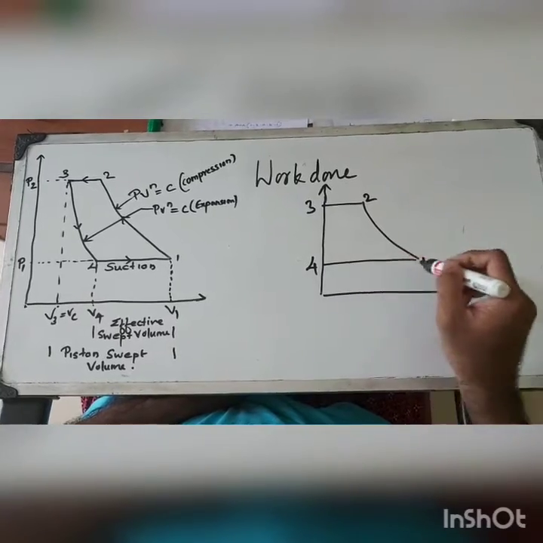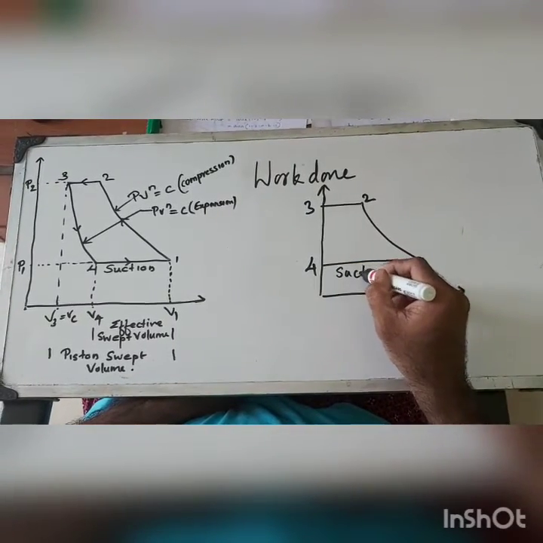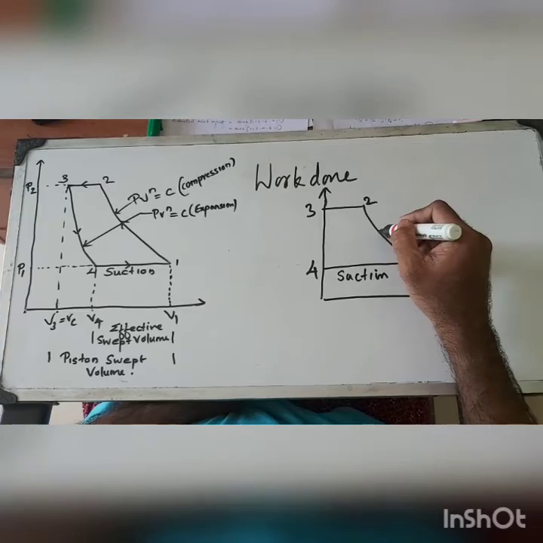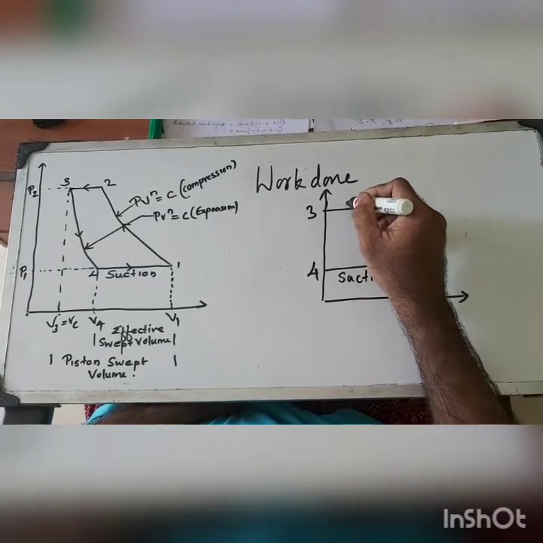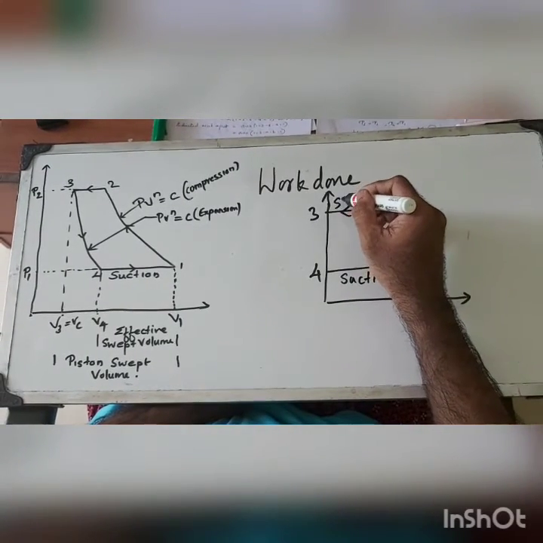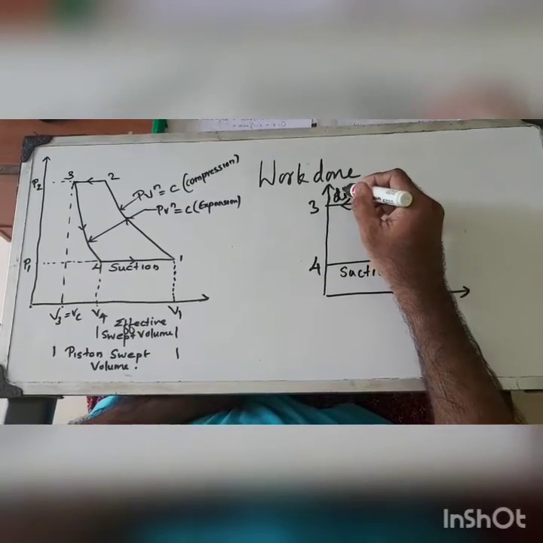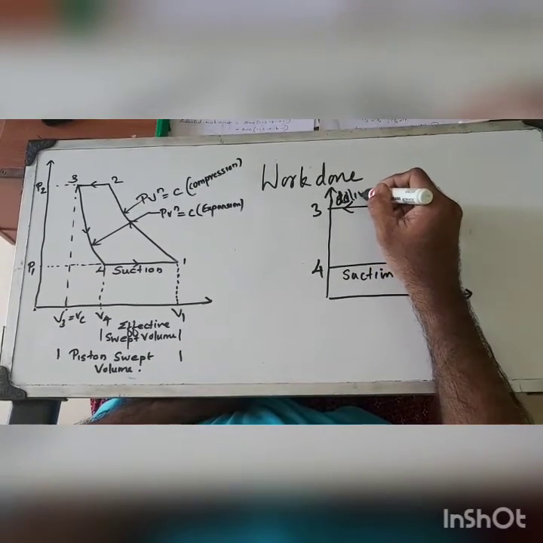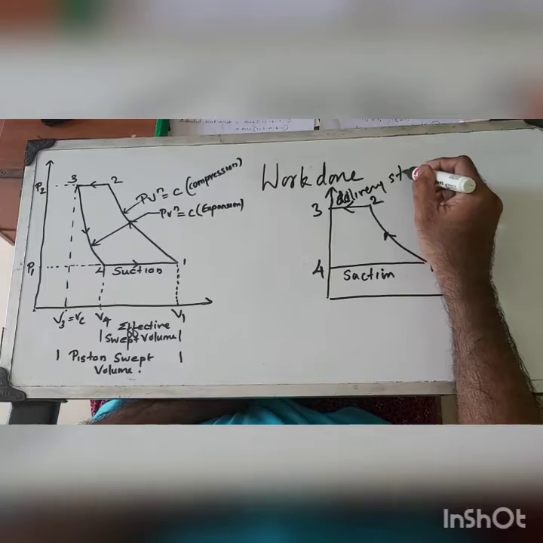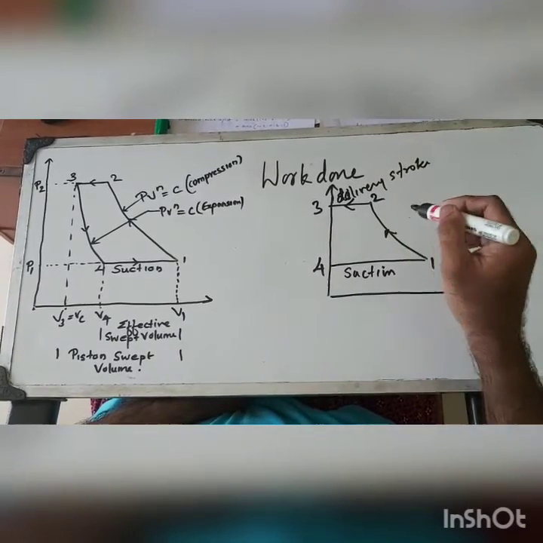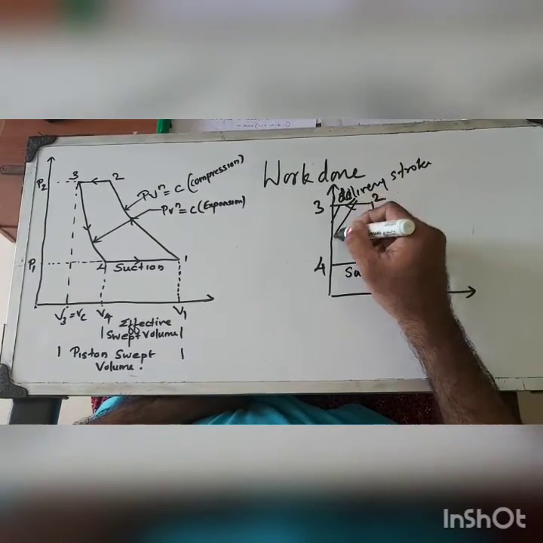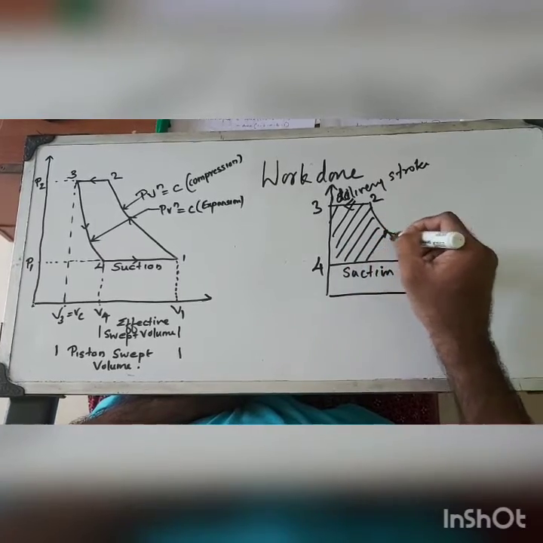Here 4 to 1 is the suction, 1 to 2 is the compression and 2 to 3 is the delivery stroke.